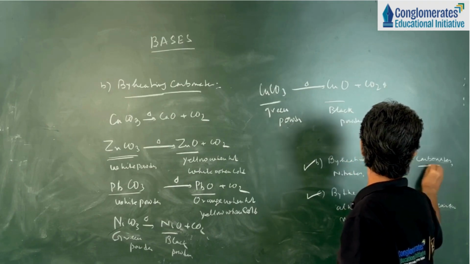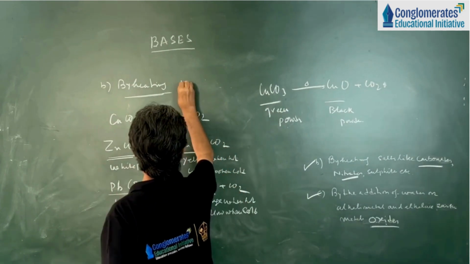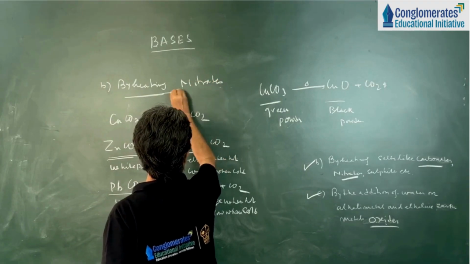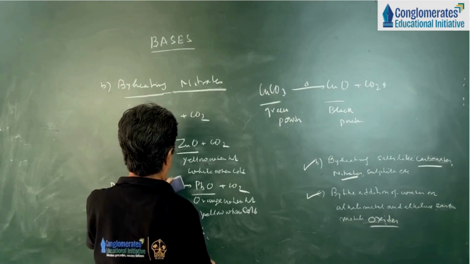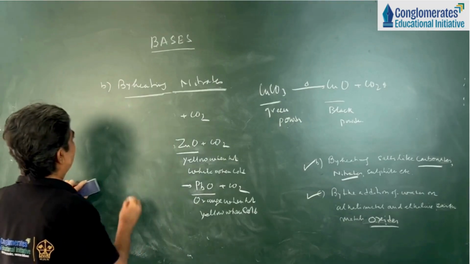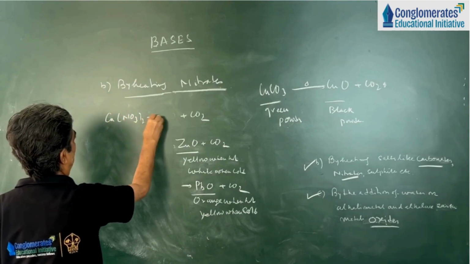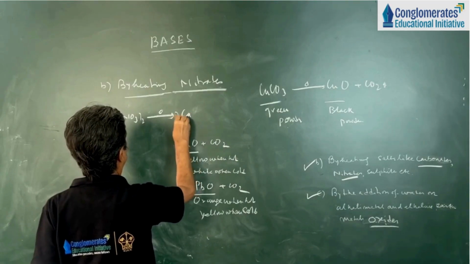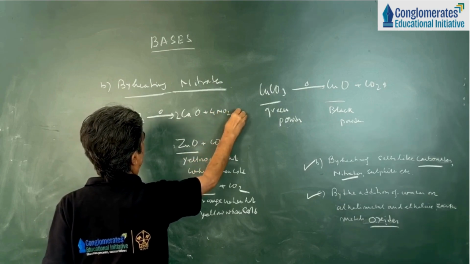Heating of carbonates discussed. Now heating of nitrates. By heating nitrates, suppose I take calcium nitrate, we get calcium oxide plus 4NO2 plus O2.